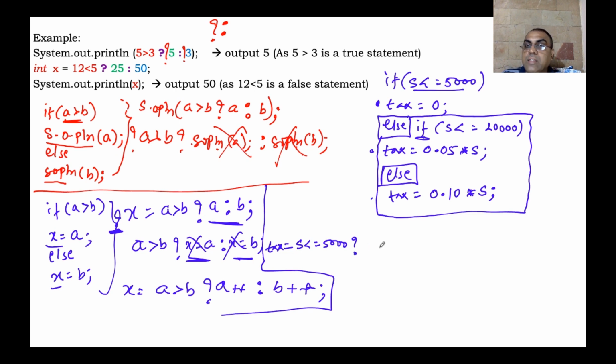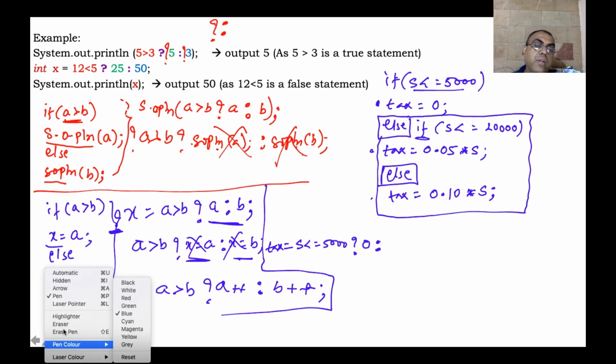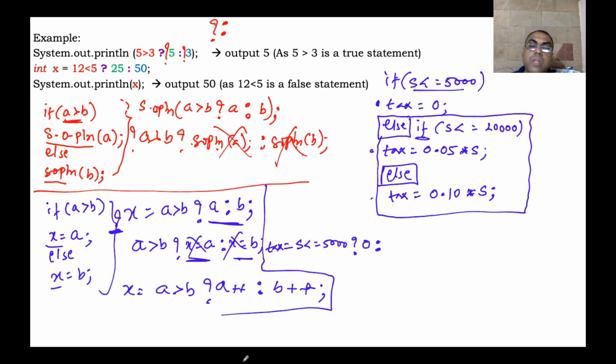I can't write tax is equal to 0, since tax is equal to is already mentioned, straight 0. Otherwise, else. Now in case of else, I will change the color of the pen to make you understand. So now inside this else, I have got another condition. So I'm going to say s less than equal to 20,000.